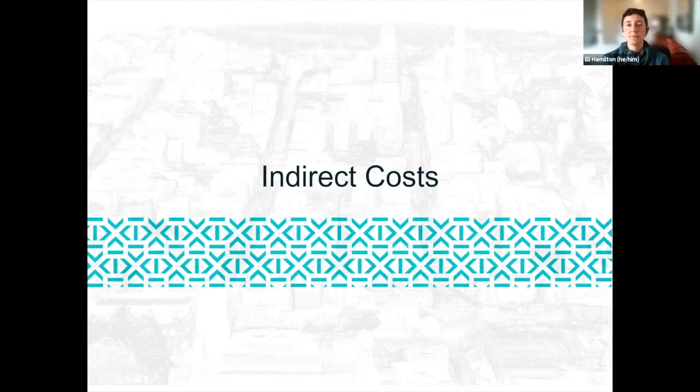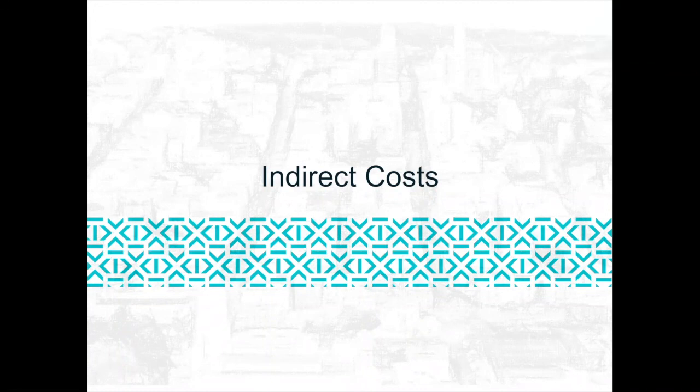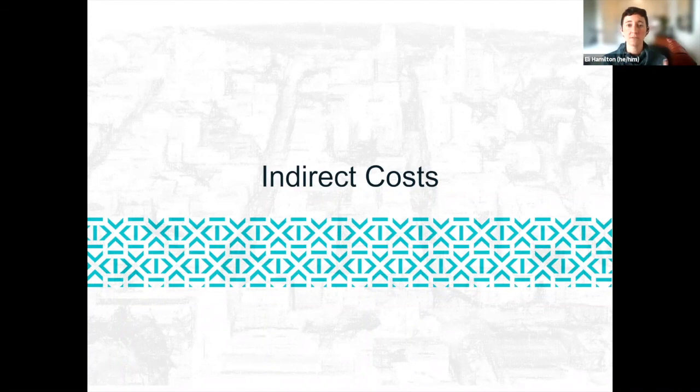Great question. Let me make sure I understand the question. For a particular program, could you use both the HQS inspection or the ESG housing habitability standards? Yes, habitability. Correct. So the answer is it's all based on the funding stream. CoC program funded units, you have to do the HQS inspection. ESG funded units, you have to do the ESG habitability inspection.